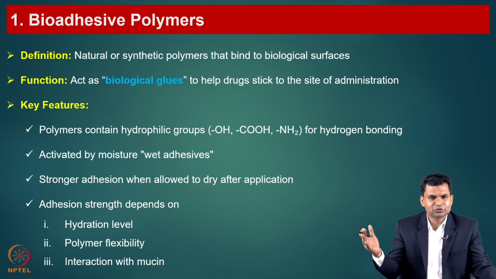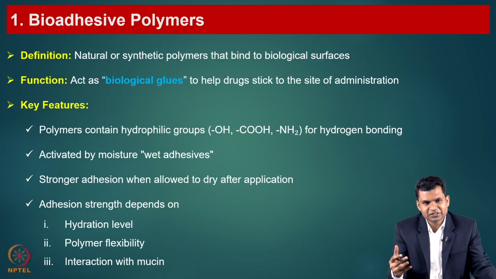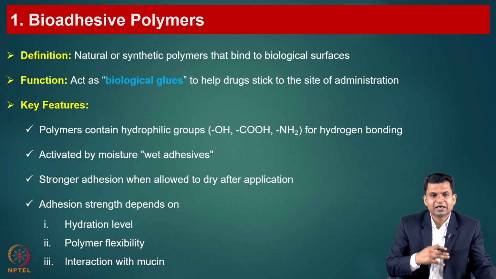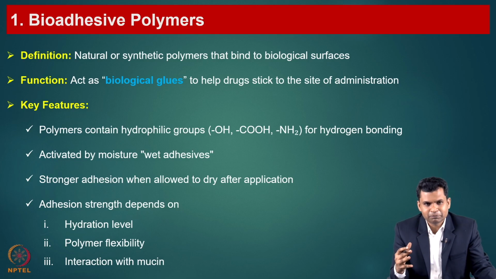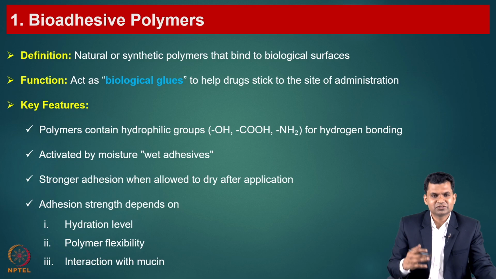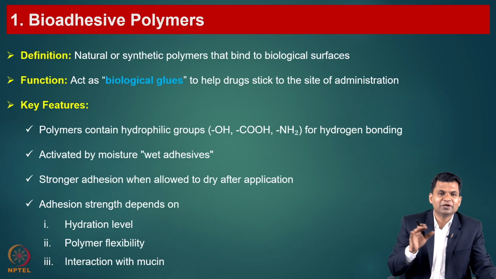Coming to the gastroretentive drug delivery system, there also we discussed the stimuli response, and we have seen the mucoadhesive properties of the polymers which we used for gastroretentive systems. And here also we are discussing polymers which are bioadhesive.